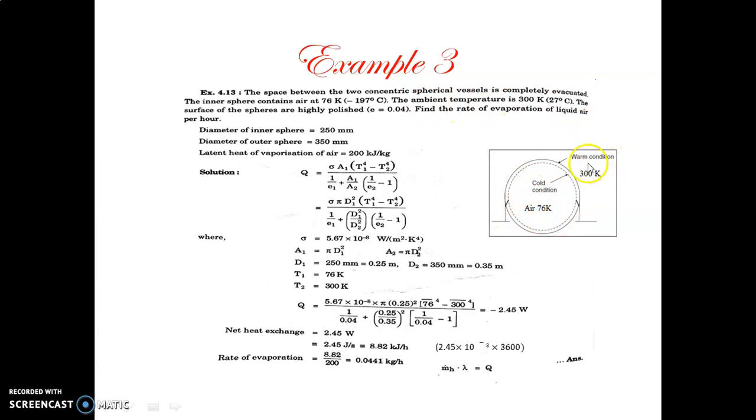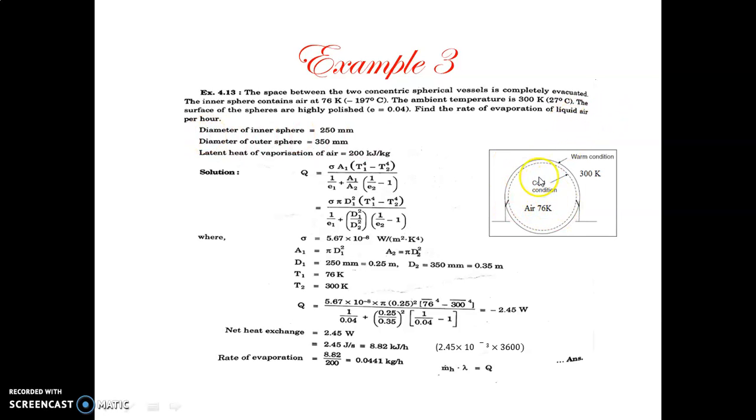The ambient temperature, that means atmospheric temperature, is 300 Kelvin. These two spheres are made of polished material, which we use to reduce the emissivity. Both spheres have emissivity equal to 0.04, and we have to find the rate of evaporation of the liquid air per hour.